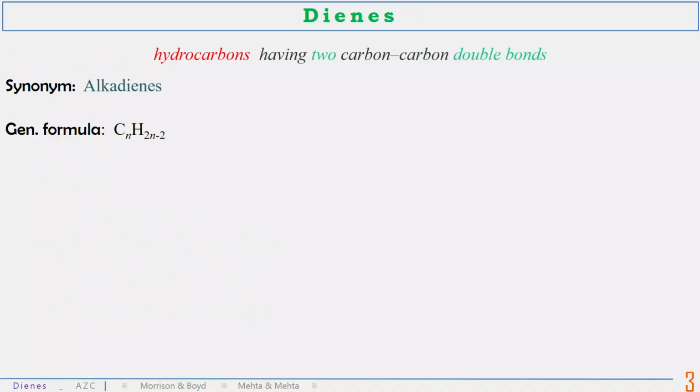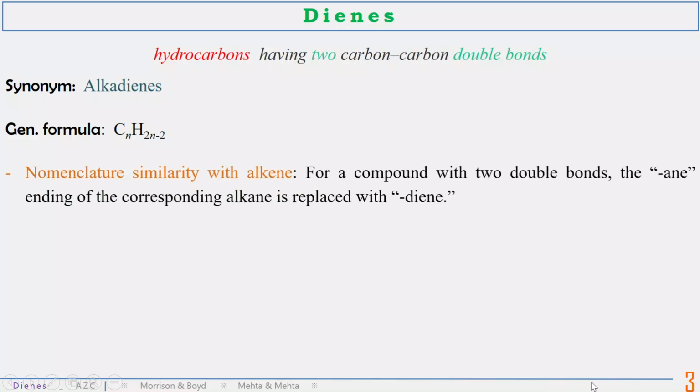Dienes are hydrocarbons having two carbon-carbon double bonds. Synonym is alkadienes. General formula is CnH2n-2. Diene shows nomenclature similarity with alkene.